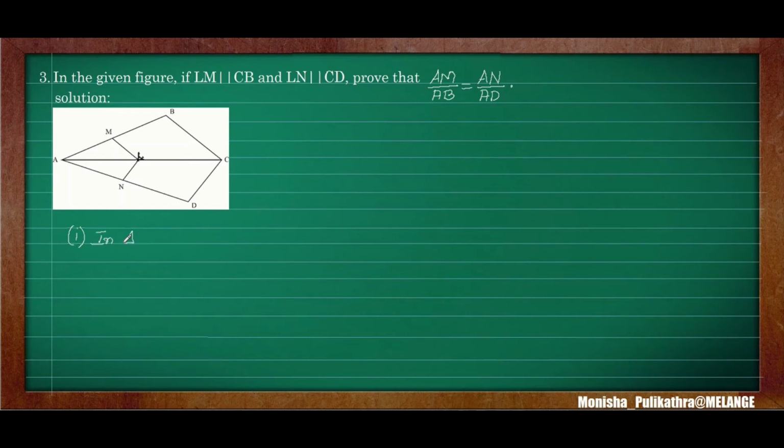First one, in triangle ABC, LM is parallel to CB. So that is this triangle ABC where LM is parallel to BC, whichever way you can write it.